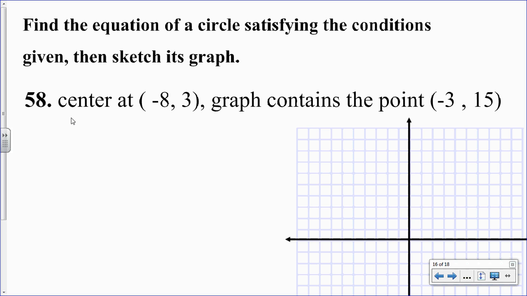So I want to write the equation of a circle. So that equation is (x minus h) squared plus (y minus k) squared equals r squared. So what parts do I need to write the equation?